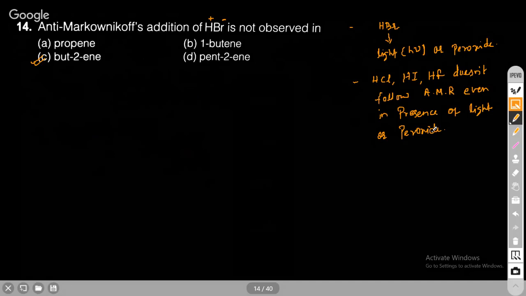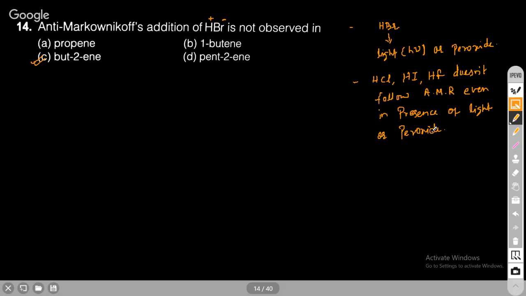So this is one important thing, and you must keep in mind they have asked this many times in various examinations. If you want to write the reason why HCl, HI, HF do not show anti-Markovnikov addition even in presence of light, the reason is actually not important, but if you want, you can write it down.